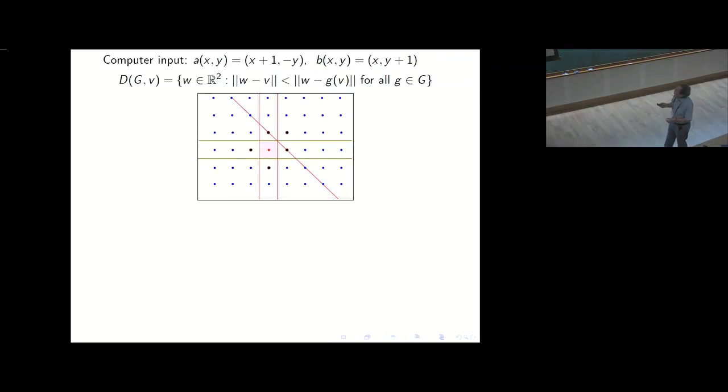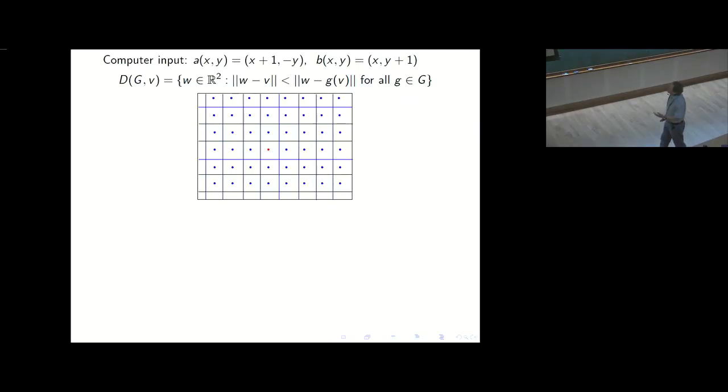There are infinitely many points to worry about, but it doesn't take a lot to convince yourself that you only have to deal with a finite number of intersections because so many points are far away. In that way, you can build from your space a tessellation on which the group G acts, and it preserves the cells.